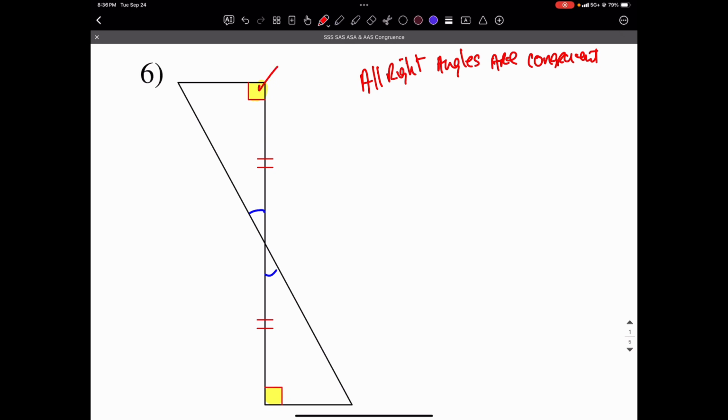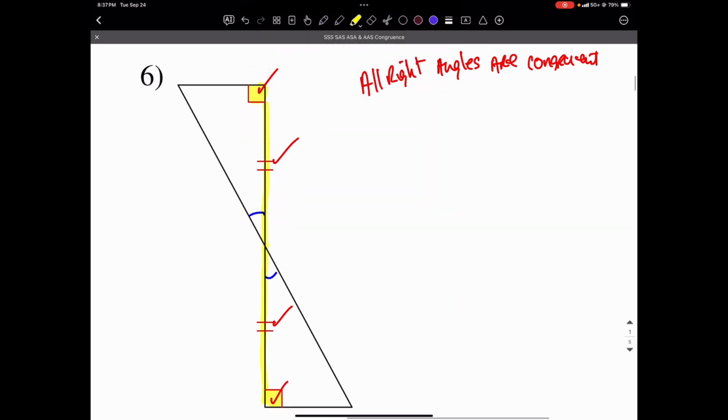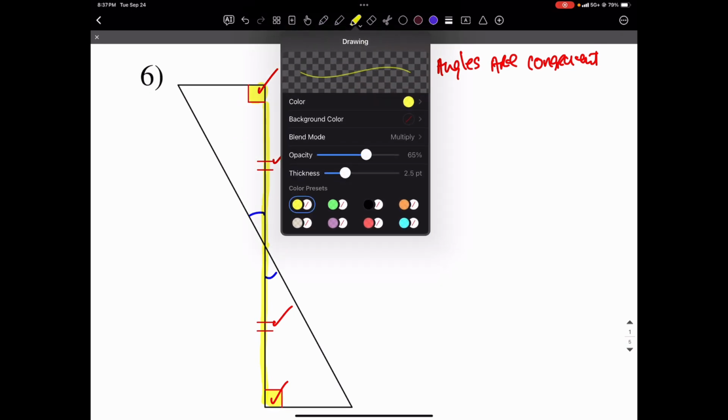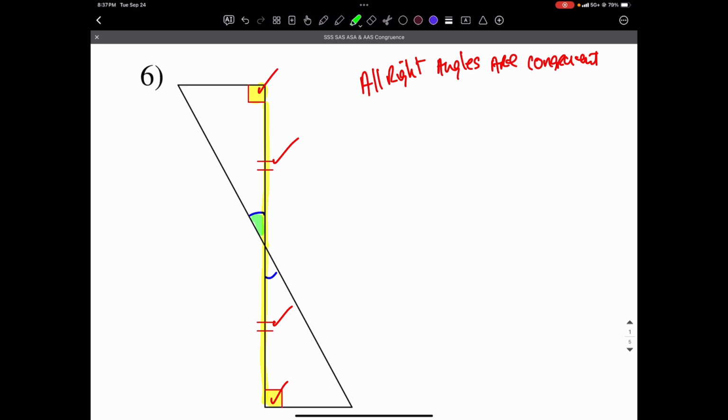So we can say we have an angle. You see that we have a side. And then, if you recall, because these angles are vertical angles and they are congruent, then you have the angle you need. So this one would be angle, side, angle.